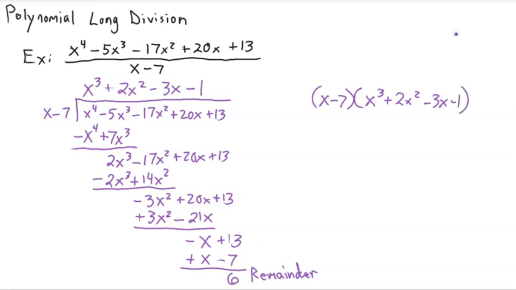And then on the very end, we will add the remainder, okay? So what we have here is the divisor times the quotient, which we represent as q of x, or just q sometimes, plus the remainder, which we represent as r.